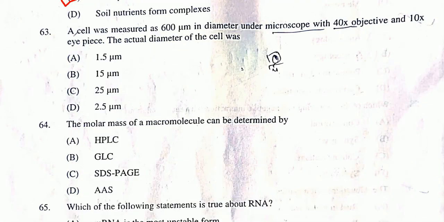Question number 63. A cell was measured at 600 micrometer in diameter under a microscope with 40x objective and 10x in the eyepiece. So the actual diameter of the cell was, so that will be 1.5 micrometer.